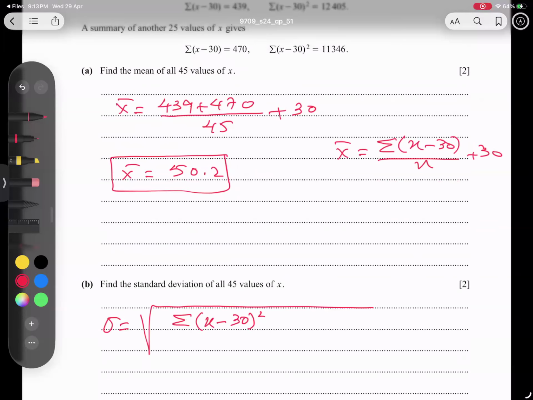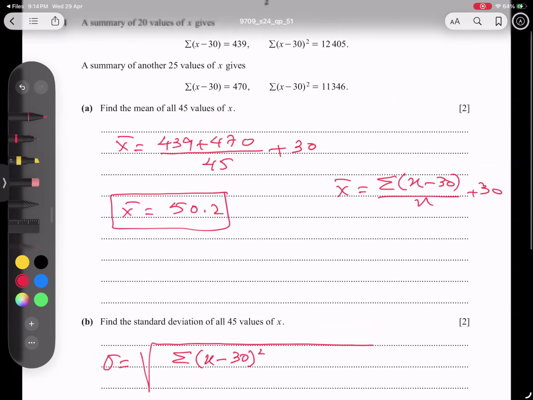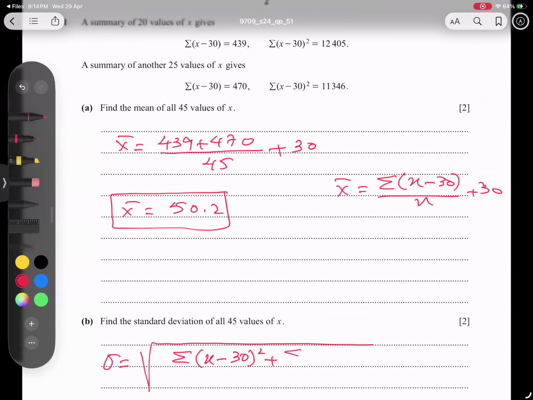Okay, and then we can see clearly this is a value for that one, and then addition of x values. This is 25 values, and these are 20 values. So I'm going to add them, divided by n, and minus the mean of the whole group.